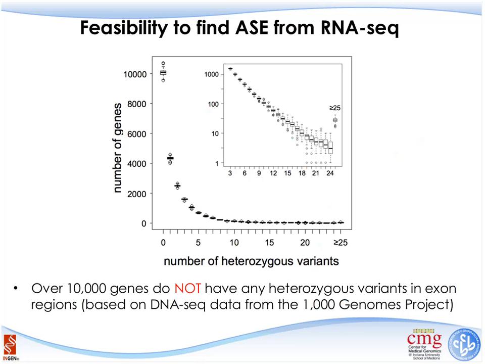But when we go back to the 1,000 Genomes Project, based on the DNA sequencing, we identified the heterozygous variant locations for each individual, and we did this tally, and we found over 10,000 genes do not have any heterozygous variants in the exon region of one individual. So if our analysis is based on one individual's RNA sequencing data, for these 10,000 genes, regardless of how much they express, you are not going to identify the allele-specific expression.